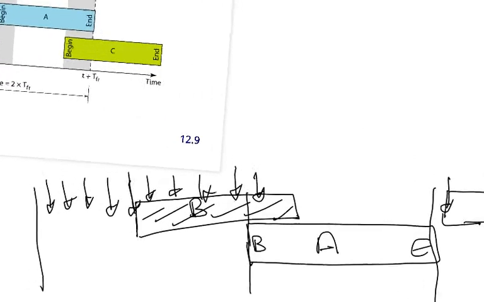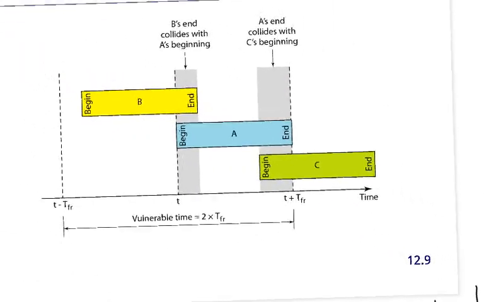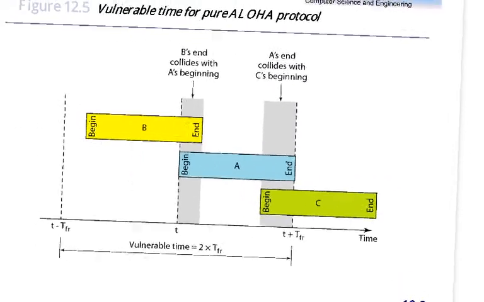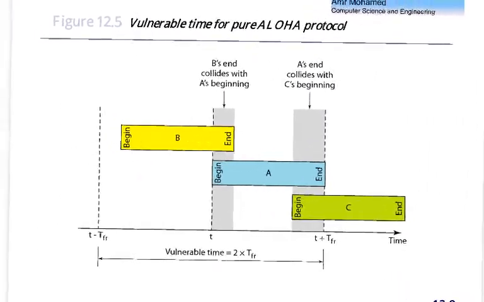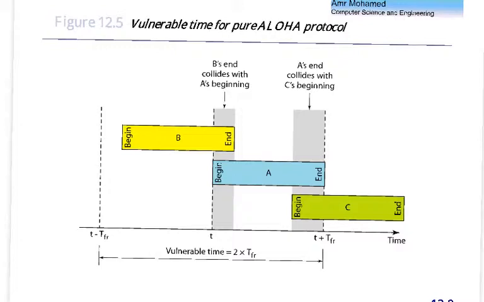So with that said, the vulnerable time is a very important parameter, which in the case of pure Aloha is double the transmission time. So the vulnerable time is equal to double the transmission time, and that's a very important rule that we need to keep in mind.